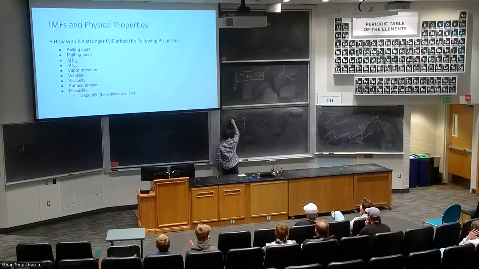I'm not great at drawing, so this is a lid. Got a lid on it. The vapor pressure is these molecules of water. They're going to be spontaneously leaving and turning into gas. They're also going to be coming back in and changing to a liquid.